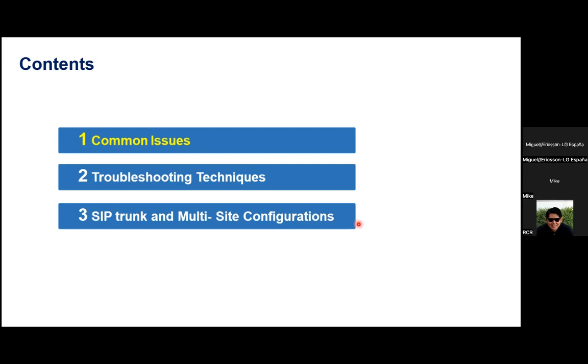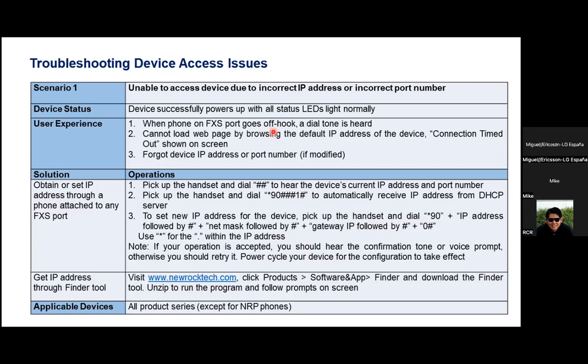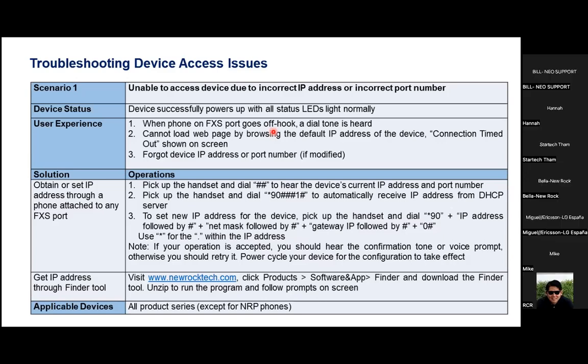Issues about access. So we have the device access issues. Here, the first scenario is that they were unable to access the device due to the incorrect IP address or the incorrect port number.